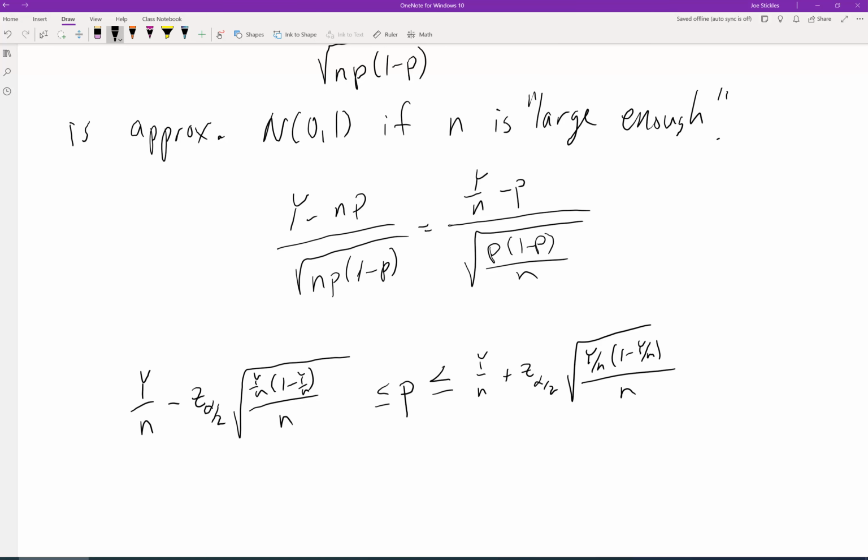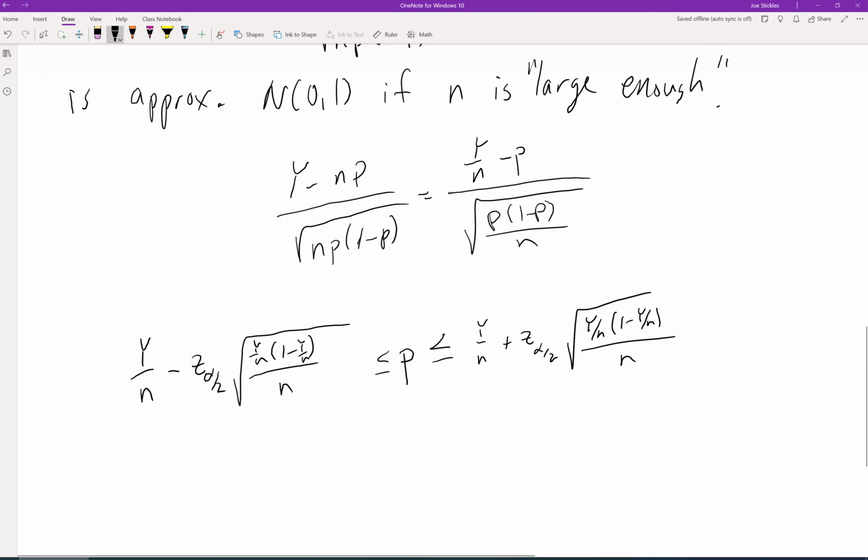Usually, just to simplify things, we will denote this Y over n as your p hat. So this is sample again, so this is number of successes in the sample divided by the sample size.